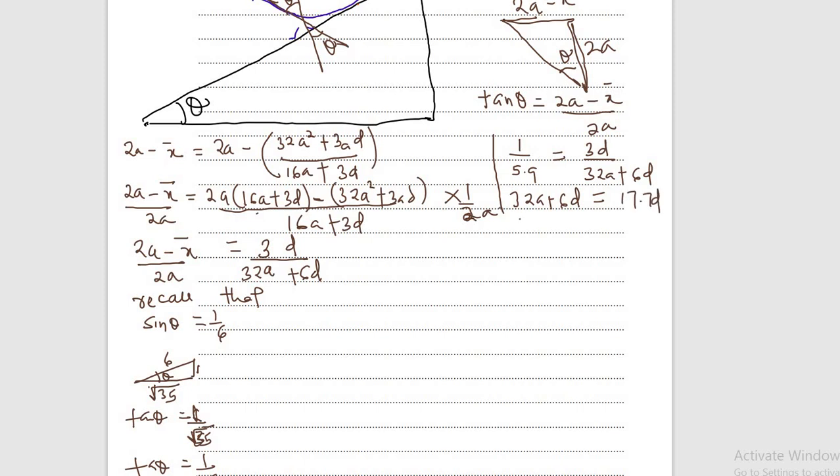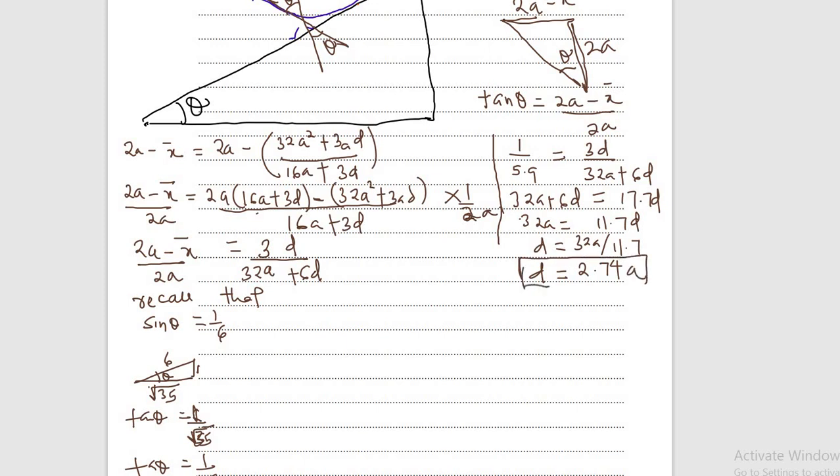Collect the like terms. So 32a is there, 17.7d minus 6d, that's 11.7d. So d will be 32a over 11.7. So our d will be 2.74a. That will be our d.